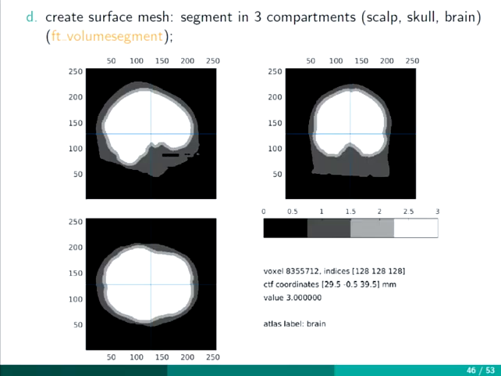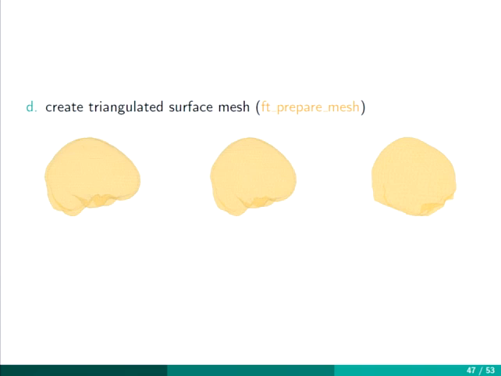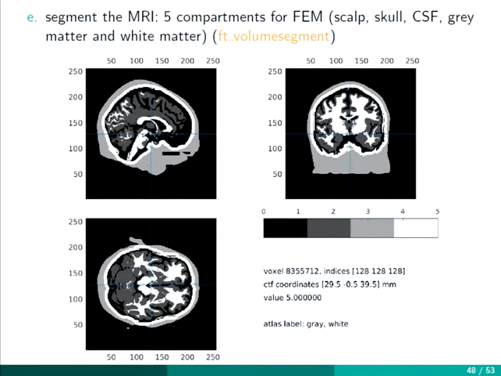In order to create surface meshes, we segment the head model, or the MRI, in 3 compartments here: skin, skull and brain. And from that, we can create a triangulated surface mesh, ft_prepare_mesh. This will only be used for visualization purposes. As for the MRI, we have to identify 5 compartments.